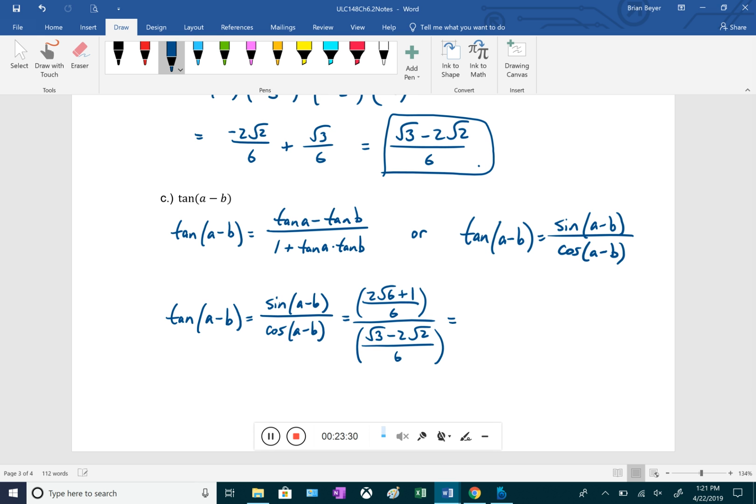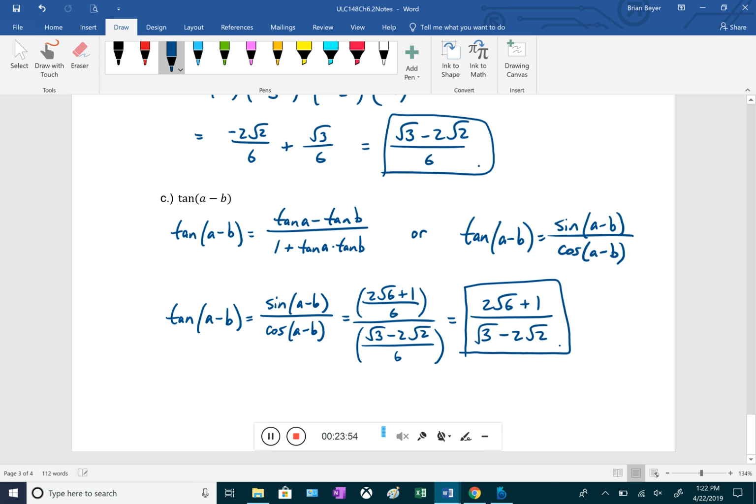So keep the numerator the same, change to multiplication, reciprocate the second one. So the denominators of 6 would both end up canceling, and what we're going to end up with is 2 radical 6 plus 1 divided by radical 3 minus 2 radical 2.